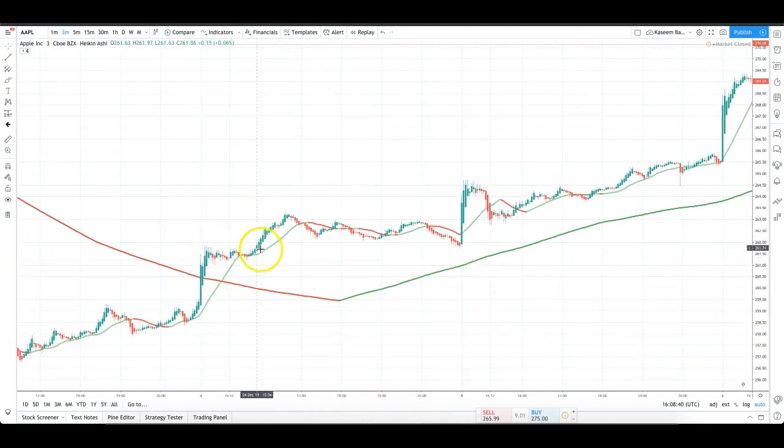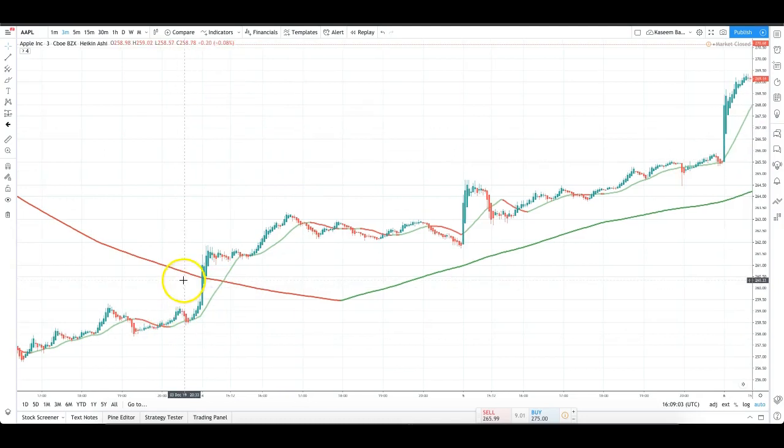But if you're day trading, you might want to just buy here and exit here, take a little profit, and then look to buy here again and probably exit out here. That's a little profit as well. So there are a couple of trades here in 2 or 3 days.